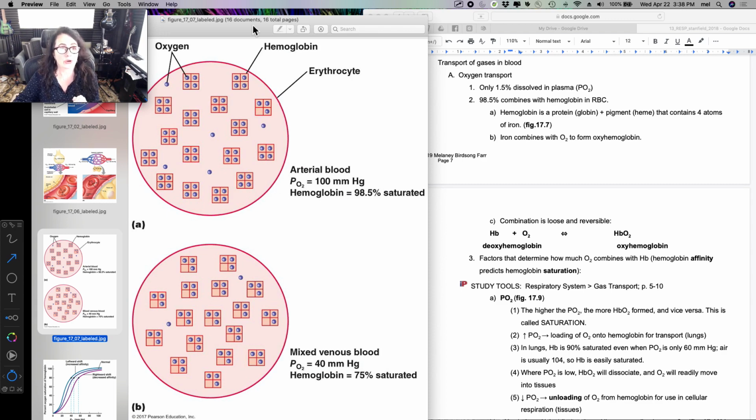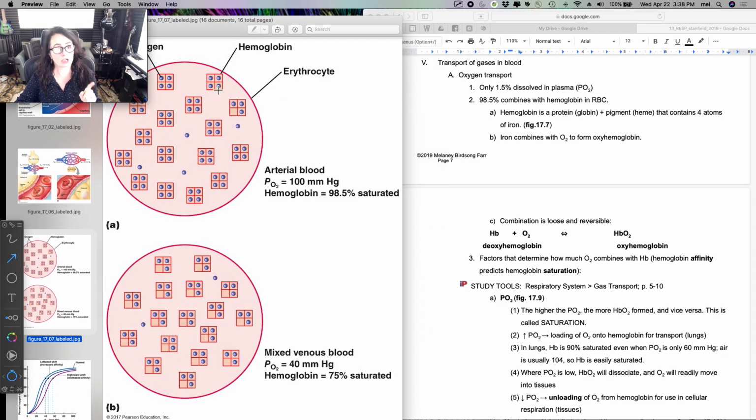Okay, so iron sits on the heme seat. Keep that in mind. So oxygen rides on the heme seat. If hemoglobin is a bus that carries oxygen, and it carries gases actually, because it can carry carbon dioxide, then it's got 4 seats that are reserved for oxygen.